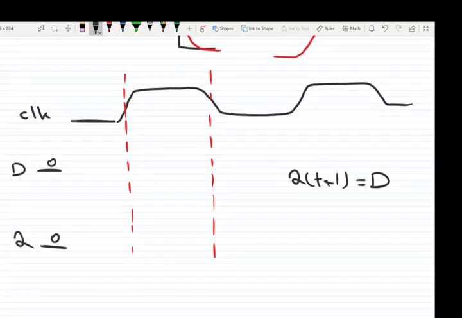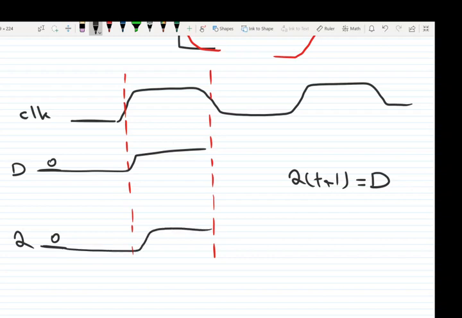Okay, so the question is: can we change D from 0 to 1 at this moment? If we do that, does it ever change the output like this? The answer is no, we can't do that. There are two definitions called setup time and hold time. What is the setup time?